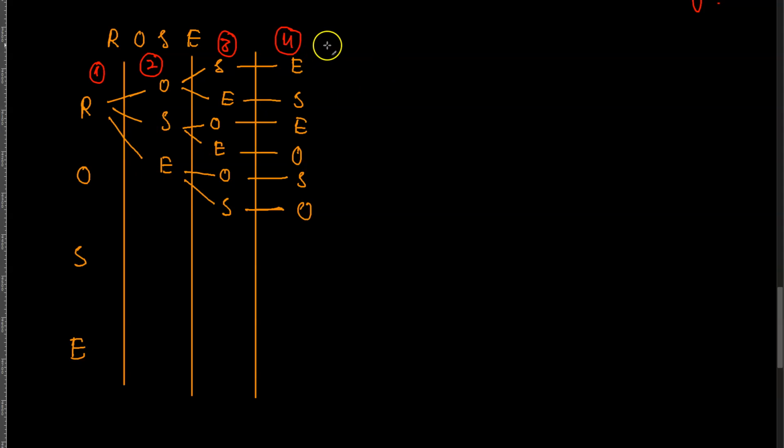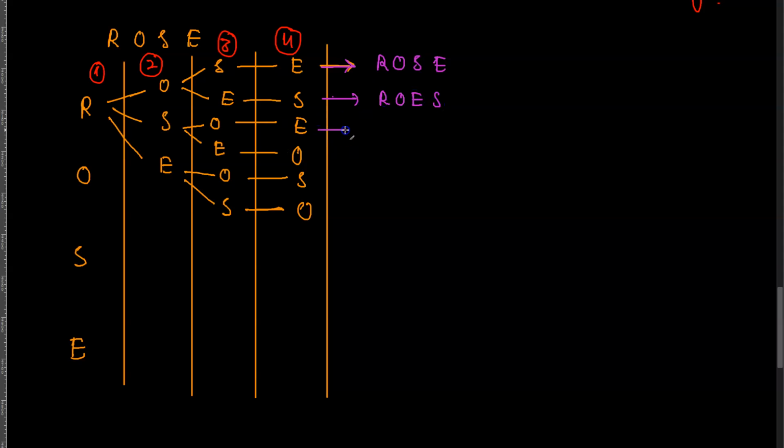And so what that means is that the word that I have created here is R-O-S-E. The word that I have created here is R-O-E-S. The word that I have created here is R-S-O-E.